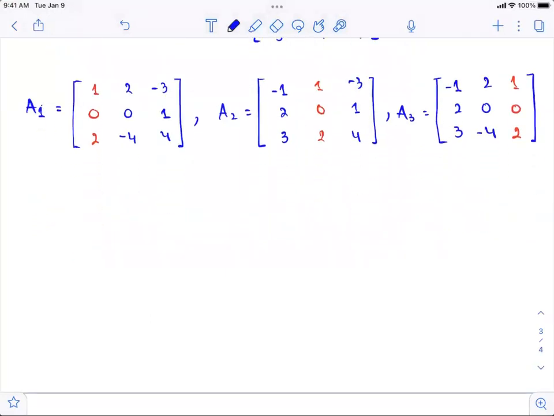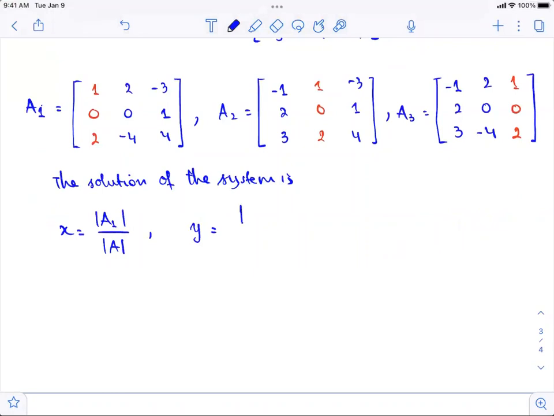So the solution of the system is: x equal to the determinant of A1 divided by the determinant of A. Y is equal to the determinant of A2 divided by the determinant of A. And Z is equal to the determinant of A3 divided by the determinant of A.